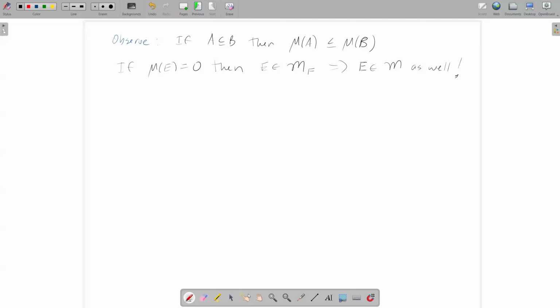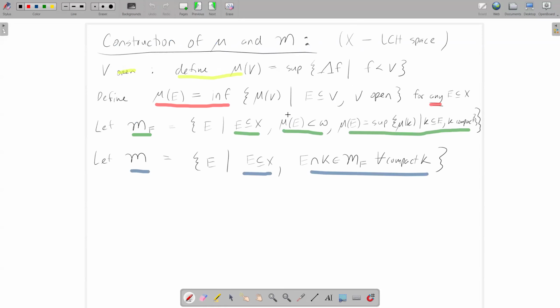So that right away tells you something about the Lebesgue sigma algebra, right? If you get an infimum of zero, that's in the sigma algebra, right? Okay. So that means, for example, that every subset of a set of measure zero is in the sigma algebra.